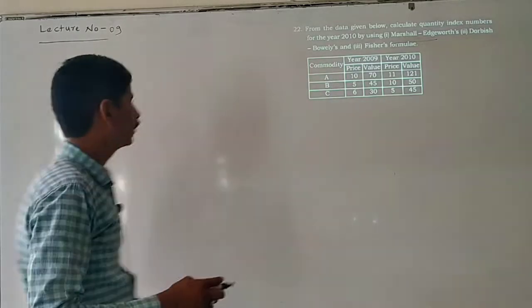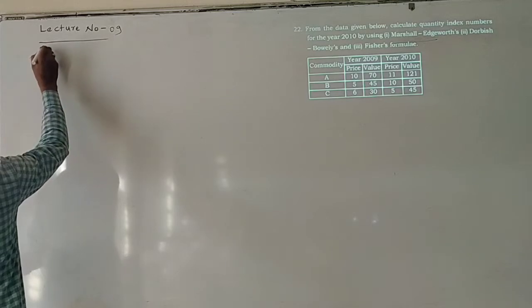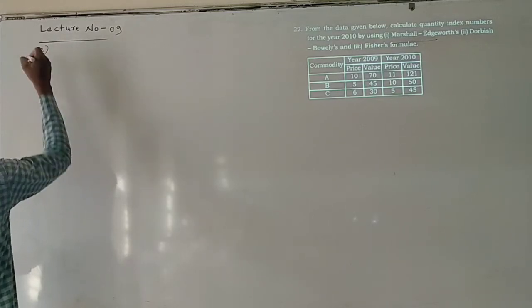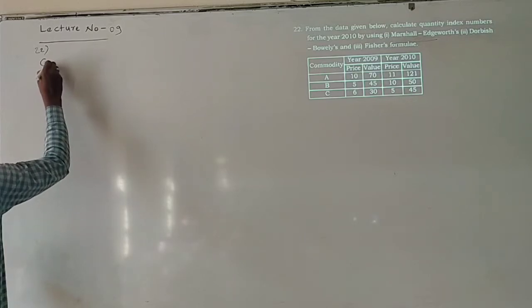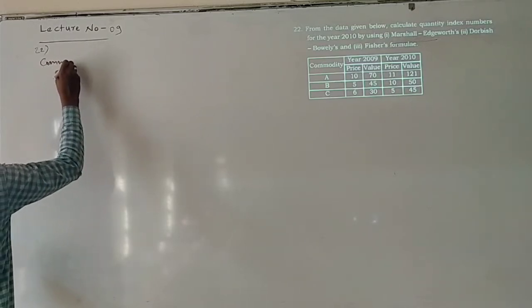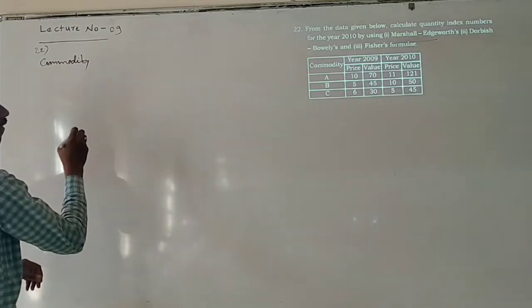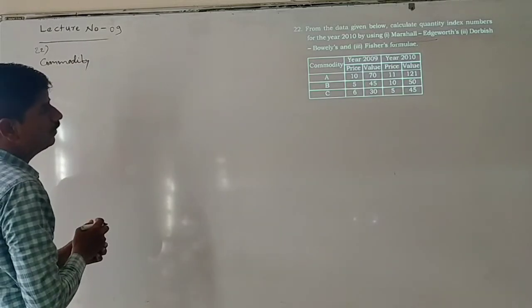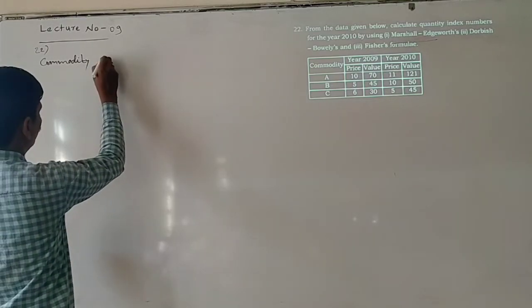Here you have to write the given values, the given table. Problem 22: first you have to write commodity. Year 2009 price, denoted by P naught.